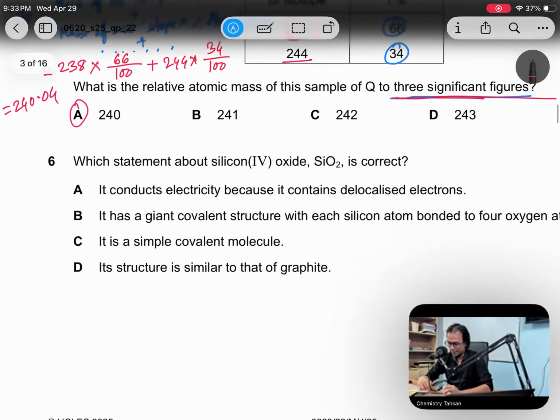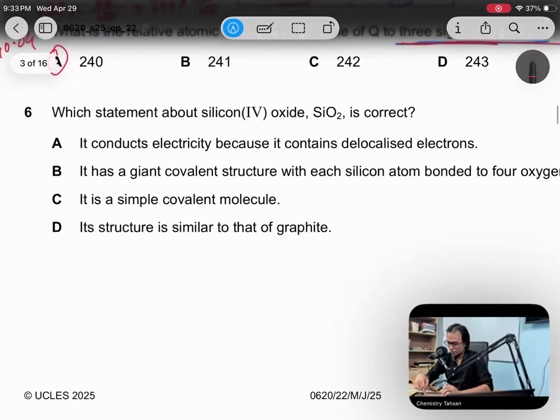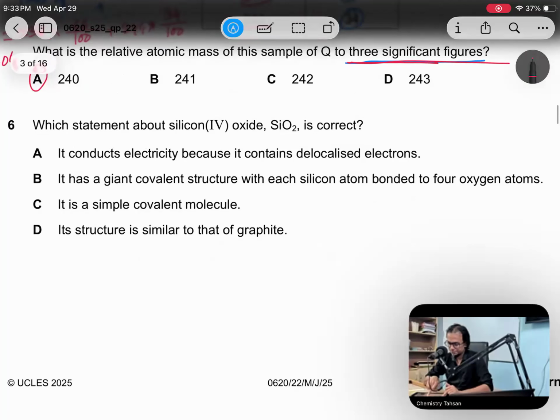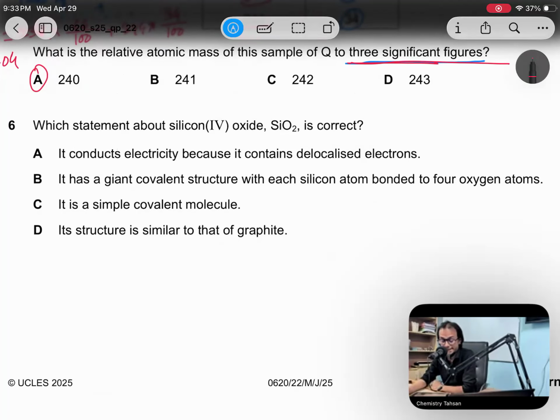So number 6, if we proceed, statement about silicon dioxide is correct. Silicon dioxide is a giant covalent structure. So giant is the structure and covalent is the bonding. So it conducts electricity because it contains delocalized electrons?